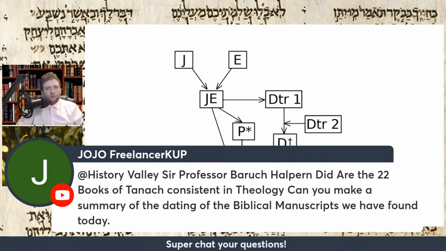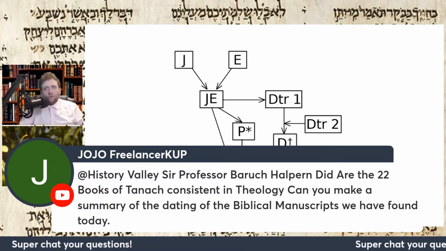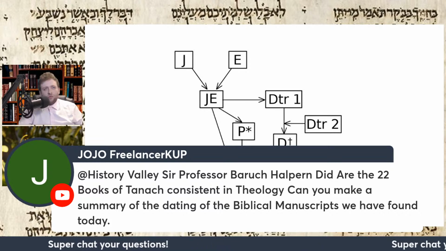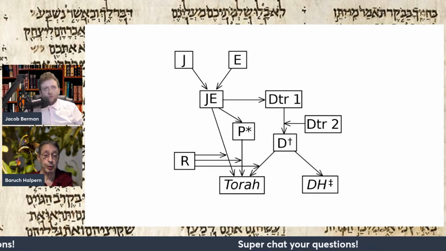In Hebrew, we have the Dead Sea Scrolls, the earliest of which is 2nd century BC, and the biblical scrolls go back that far. So 2nd century BC, for sure, we've got Hebrew manuscripts already.